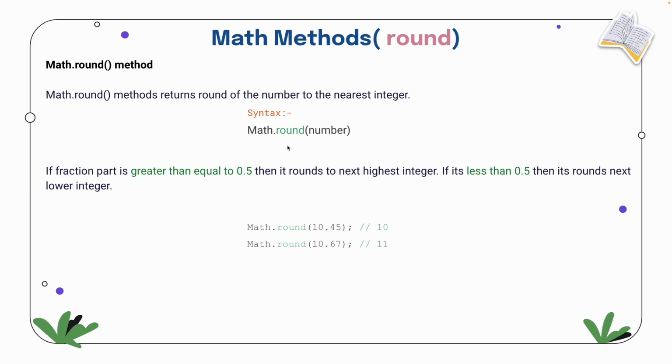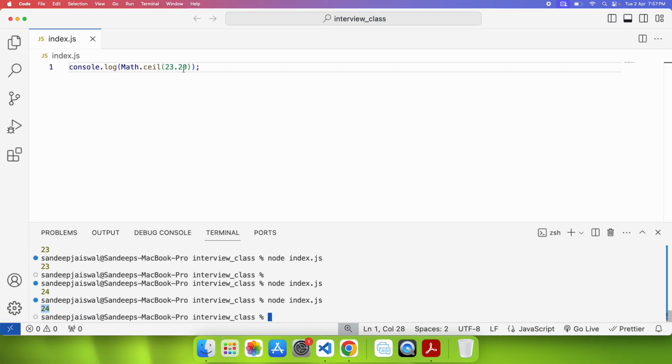Next is round. Round will do proper calculation. The round method rounds the number to the nearest integer. Here some conditions are there. There are two parts, right? One is the integer part, one is the fraction part. You already know this in mathematics. 23 is the integer part and .20 is the fraction part.